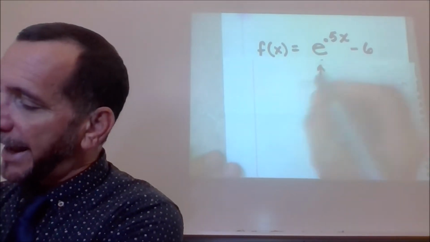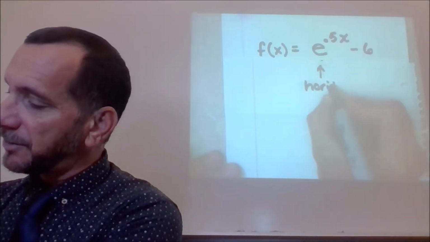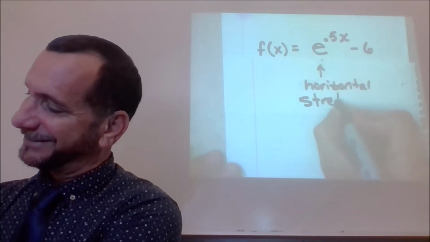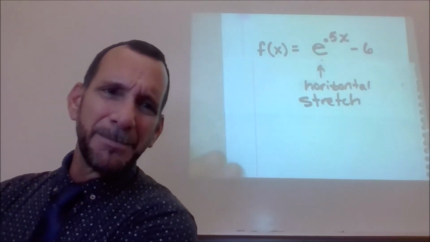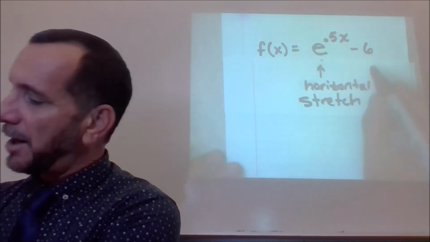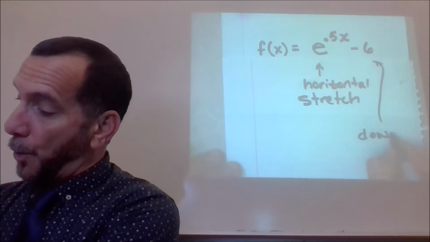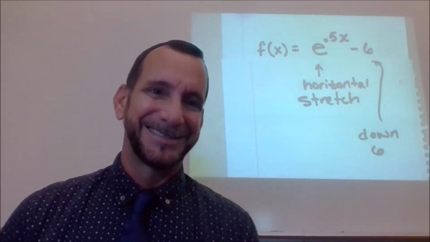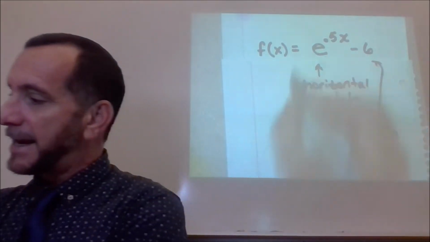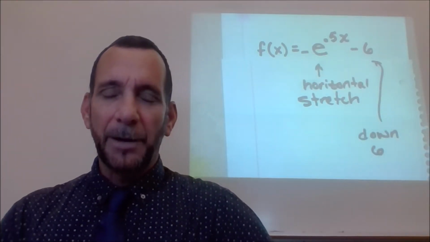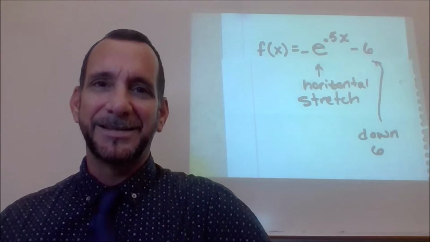So we're going to call that a horizontal stretch. And look at this minus 6 off to the side. We know that this function translates down 6. What if we had a negative on the front of that function? That would be a reflection on the x-axis.